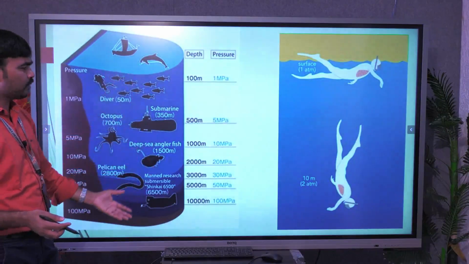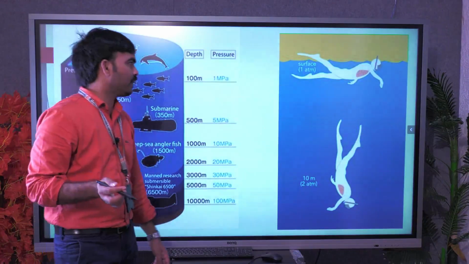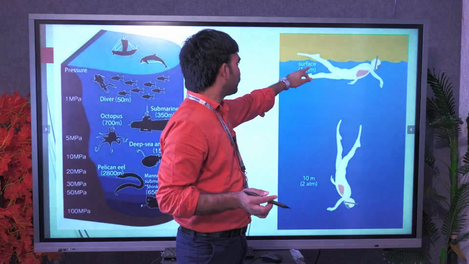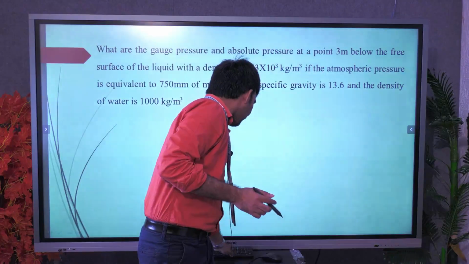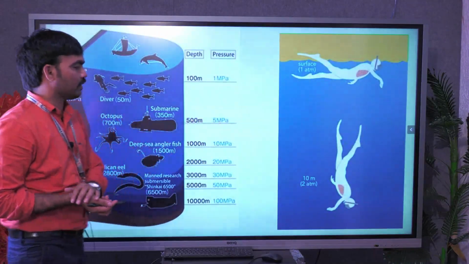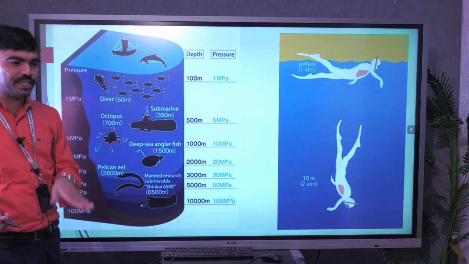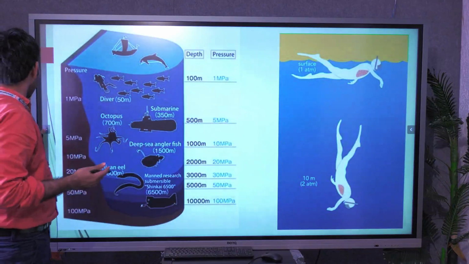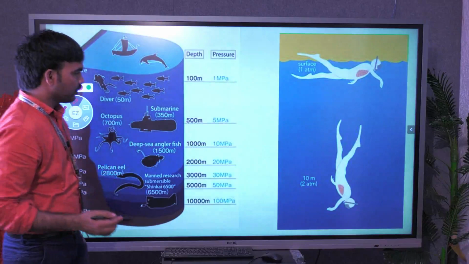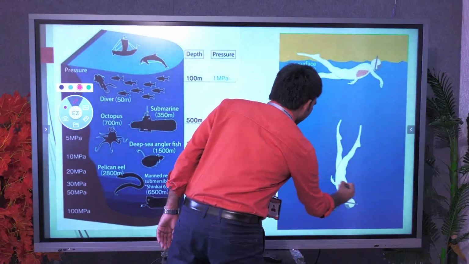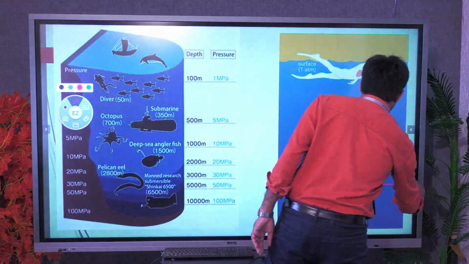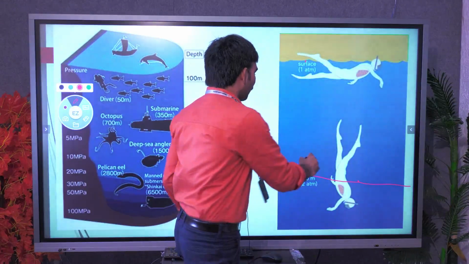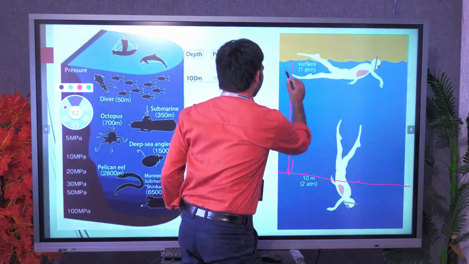And for example, if you are swimming at the top of the surface, it will exert a pressure of 1 atmosphere. But if you go down, if you go deep, the height of the liquid will act on you, right? So now I am 10 meters below the water surface.